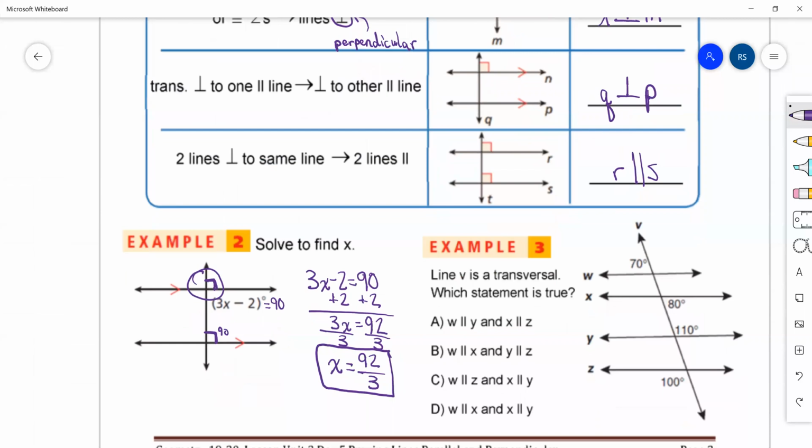Okay, so now let's look at example 3. It tells us line V is a transversal and asks which one of these statements are true. They give us a bunch of angles over here. Let's finish filling this out so we can actually see what's going on here.